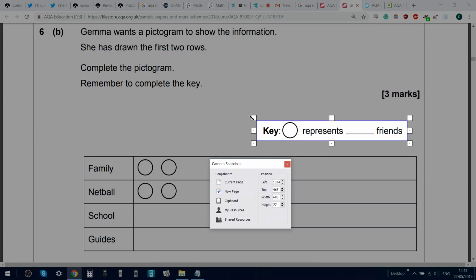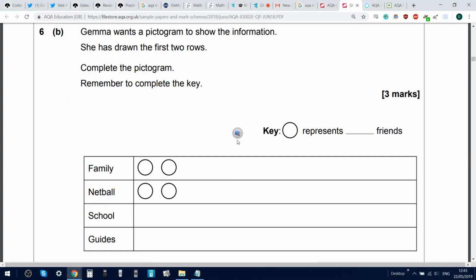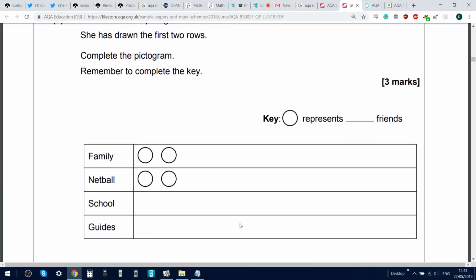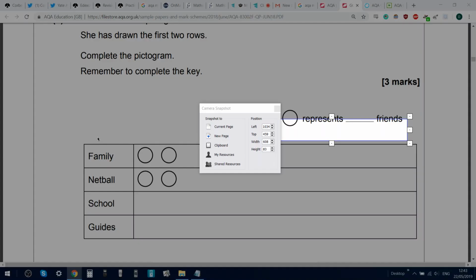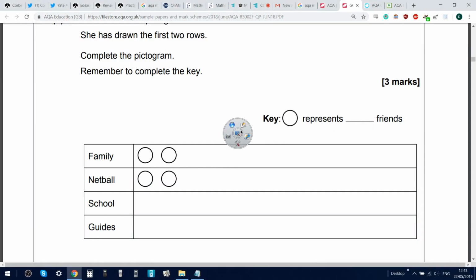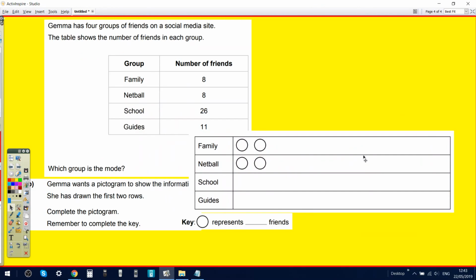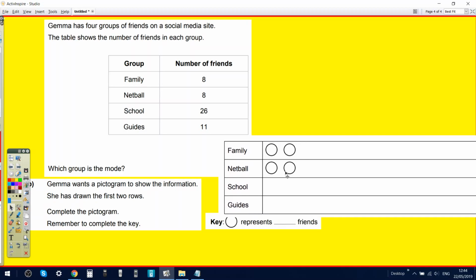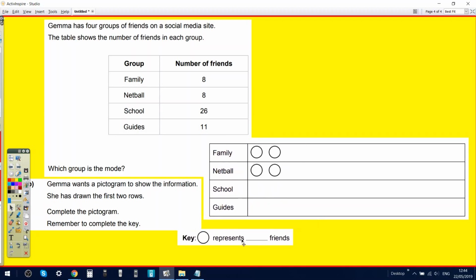So what does the 26 match up with? What group is the 26 in? School. Yep, so the mode is school. Oh right, okay. Yeah, that's how it works.